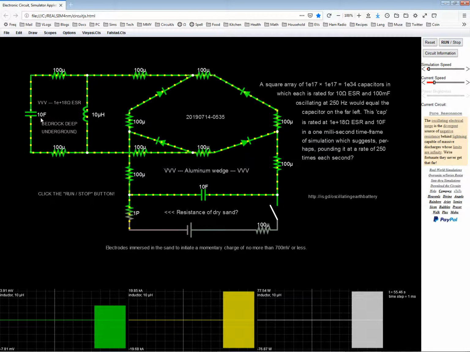But yet, the 10 farads is still there. It still gives its influence of being there, yet it's transparent. It's a transparent influence. I don't know how to explain it because this is so uncanny. It's like something out of the ordinary.